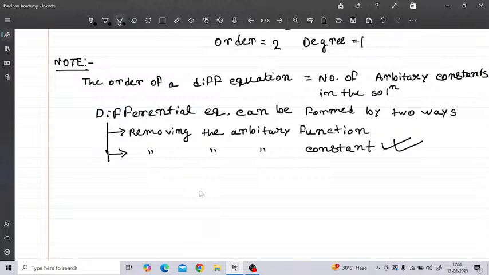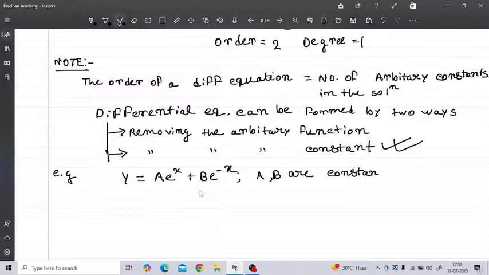So let's discuss a problem on it. Suppose this is my solution, with arbitrary constants.